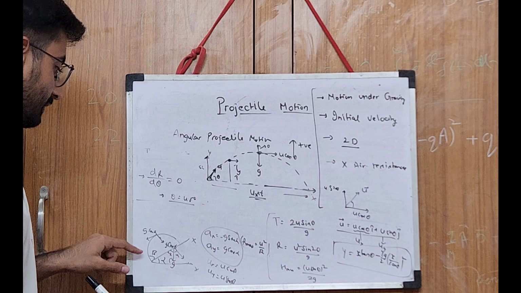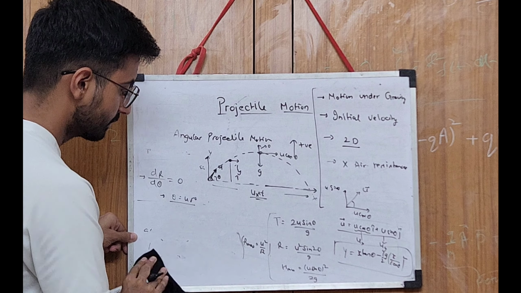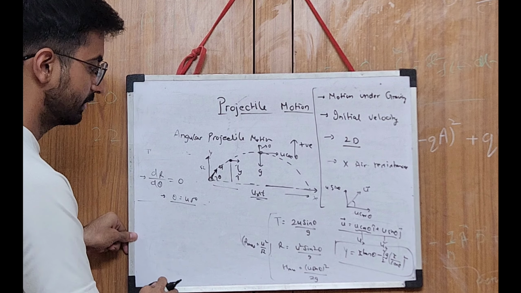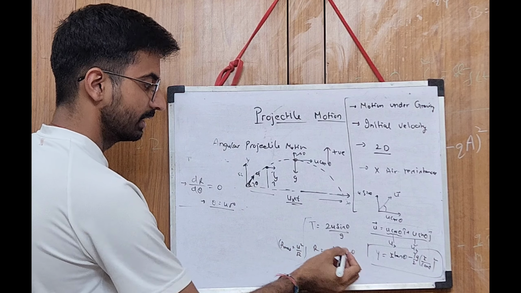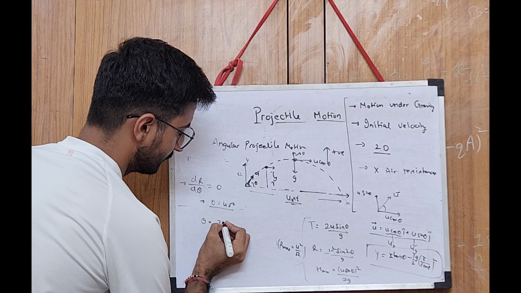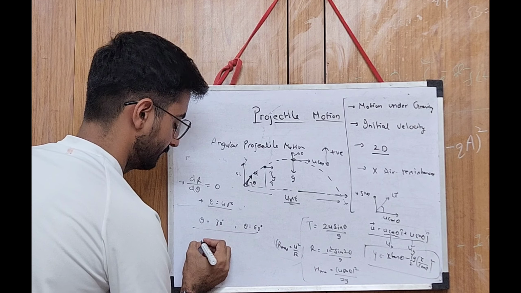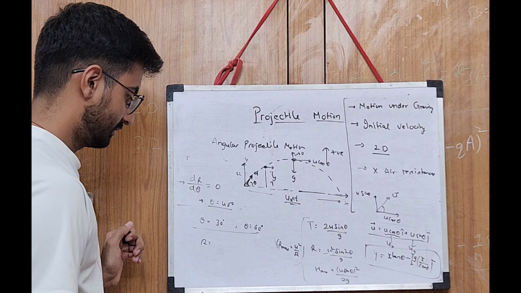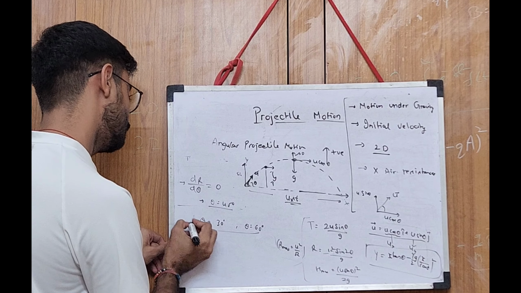So this is how we are solving this equation, and I told you the maximum range is when theta is 45. One thing I want to add is that if theta is, let's say, 30, and theta is 60, we will get the same R value. You can check this, and for this our u should be the same.